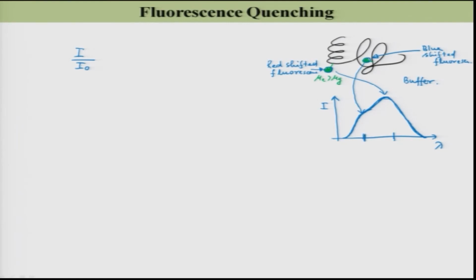Certainly it will be, because when I calculate I by I0 for this wavelength, there will be a lot of change in the fluorescence intensity. When I calculate I by I0 at this wavelength, there will be less change in the fluorescence. So, here is less change, here is more change in the fluorescence intensity. So, these are functions of lambda.